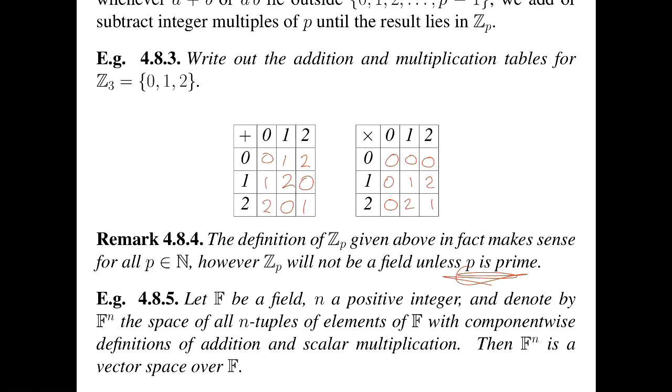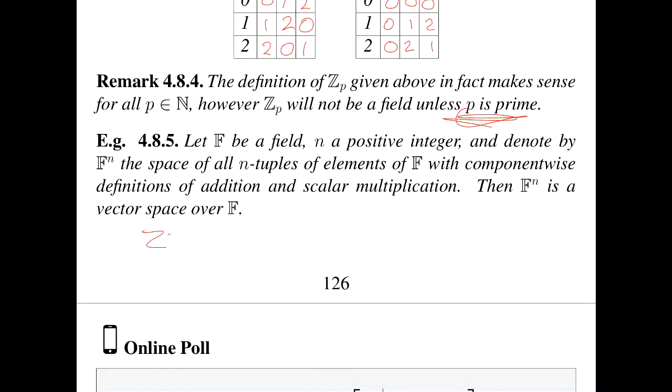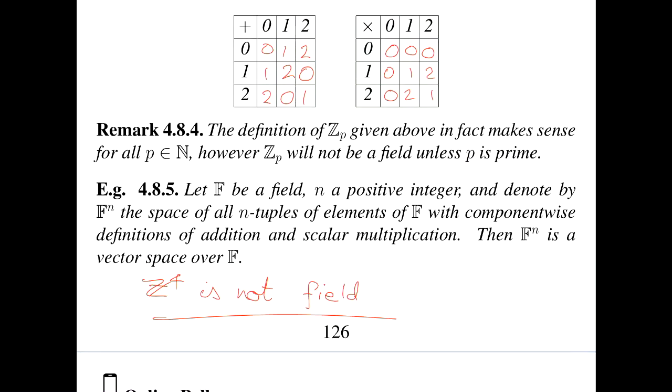I'll let you think about what goes wrong when p is not a prime. And I think on the problem set, you can prove that Z4 is not a field. So have a think about what axiom or axioms go wrong when you try and consider Z4. Okay?